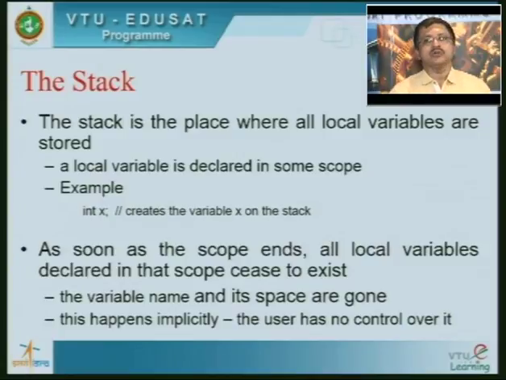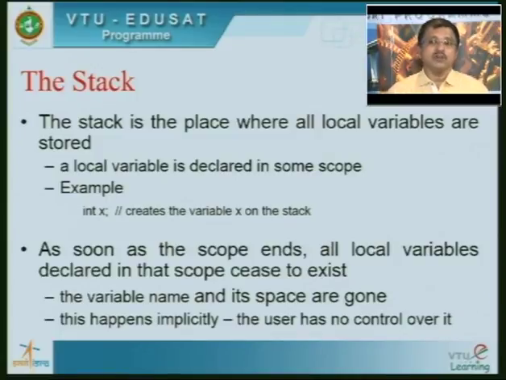In addition to local variables, the compiler will put some other instructions there, because when a function is called and returns, the control gets transferred to the first instruction following the function call in the calling function. So it does something extra, but for a programmer, what is important is that stack is the place where all local variables are stored.